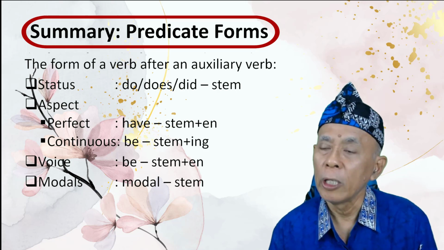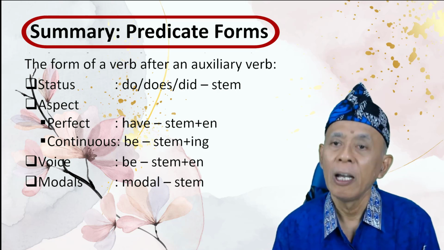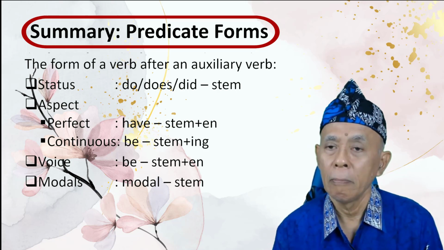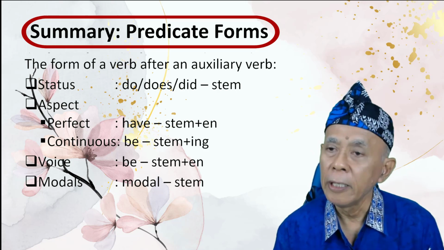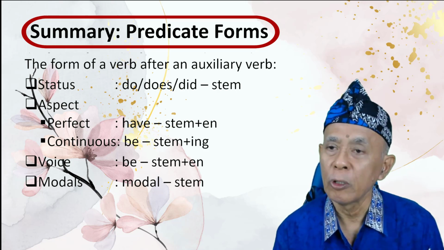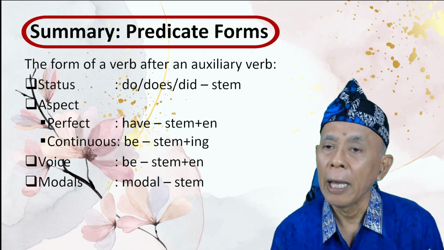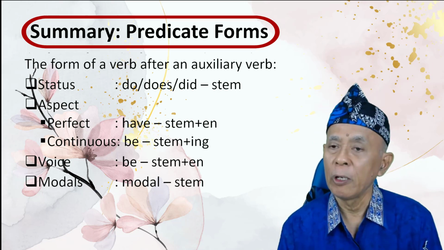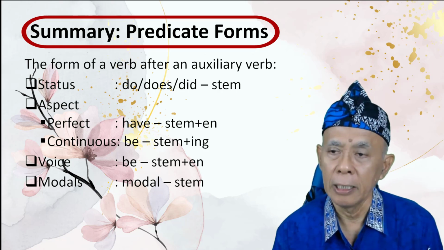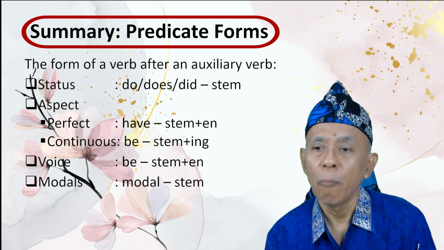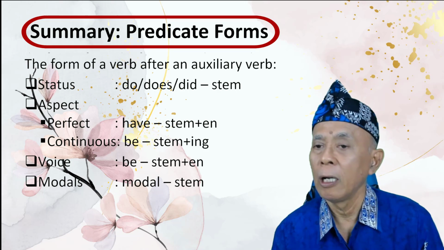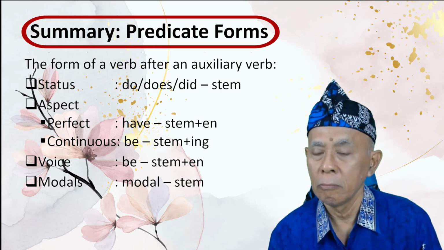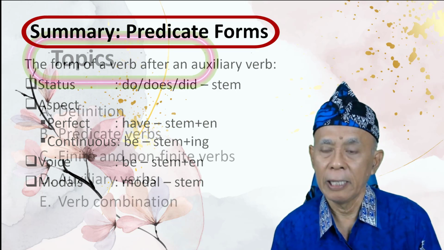So the form of the perfect is have, and then the stem plus en. And then the form for the continuous or progressive aspect is be and stem plus ing. The form of the passive voice is be and stem plus en. And then if you have modals, the verb should be in the stem form.